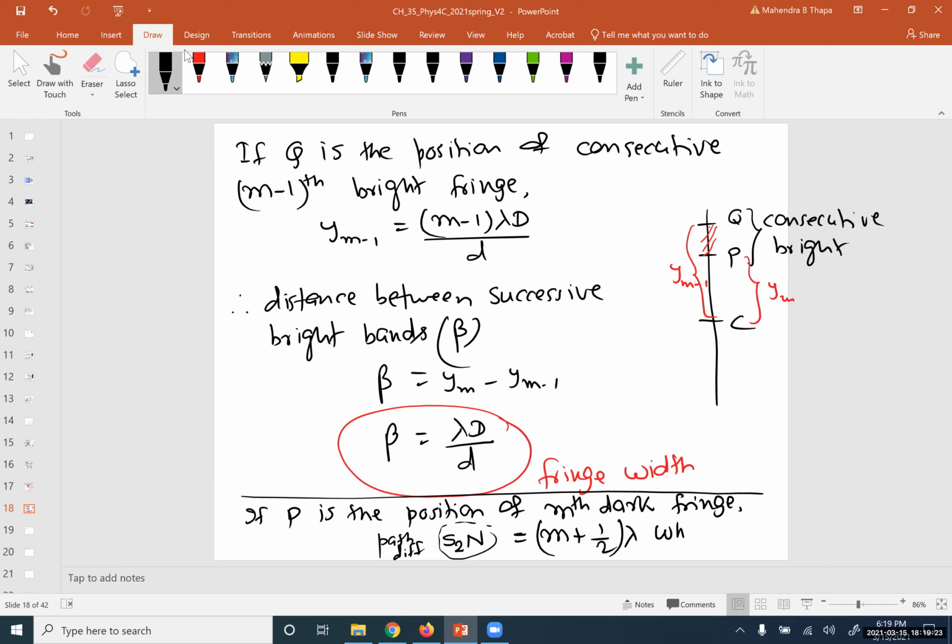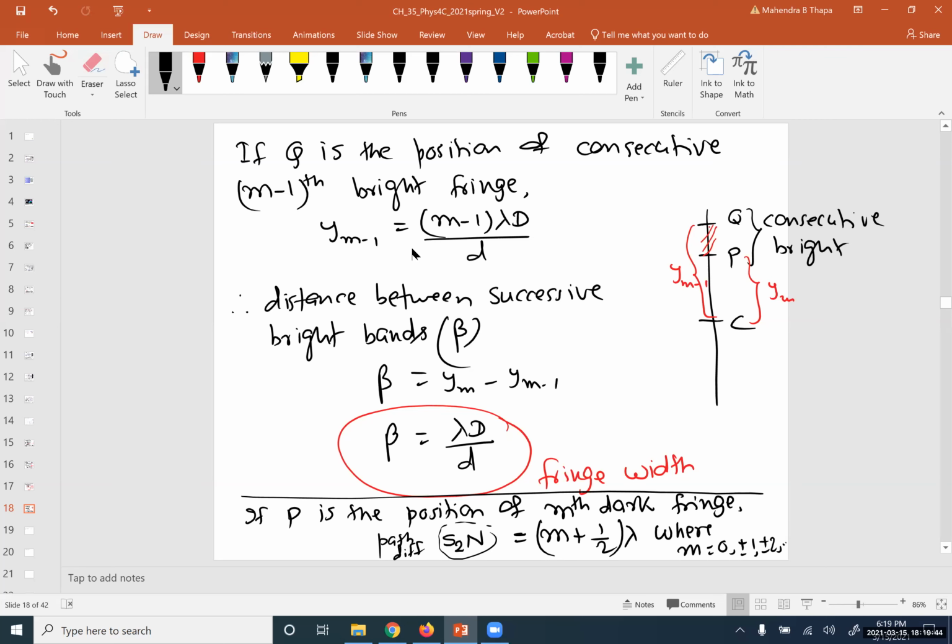We use this concept where m will be 0, plus and minus 1, plus and minus 2. So we can proceed as for the bright spot. You will get a similar result if you repeat the same for this band.